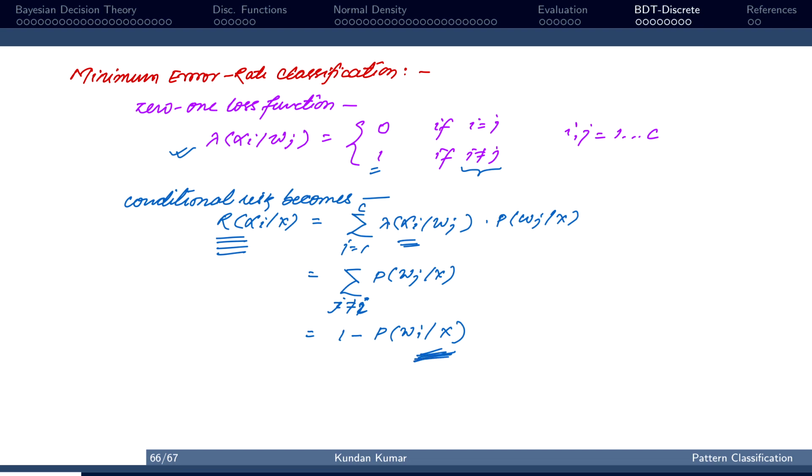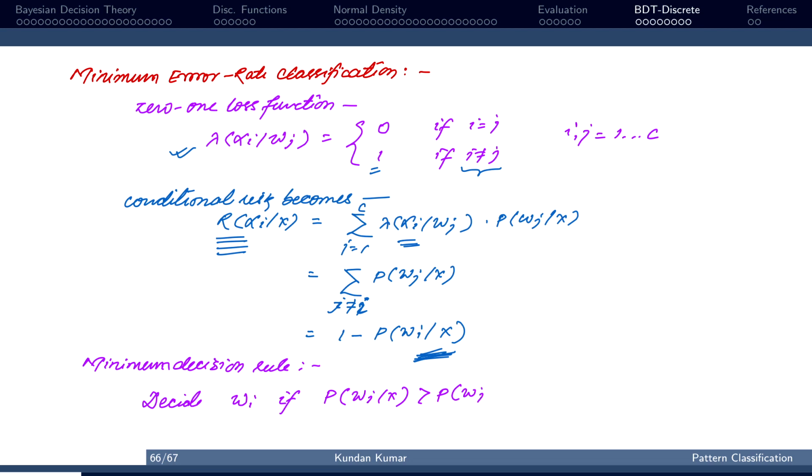So our minimum error decision rule is: decide omega i if p of omega i given x is greater than p of omega j given x for all j not equal to i.